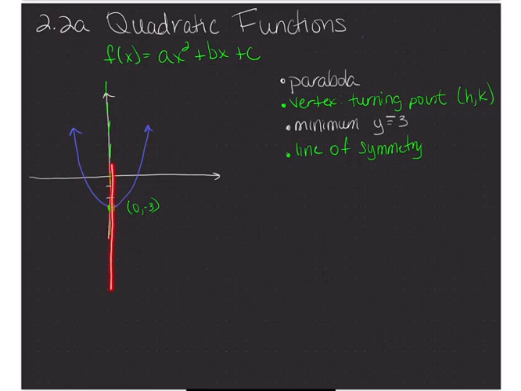The only x value I have on this line is when x equals 0. y goes from negative infinity to positive infinity. So my line of symmetry is going to be x equals 0. So that's another very important clue or tool when it comes to our quadratics.